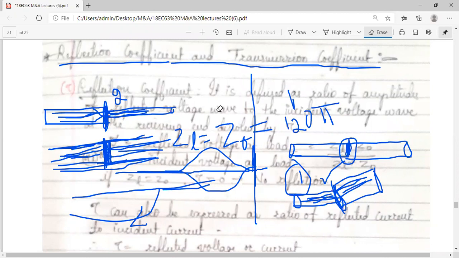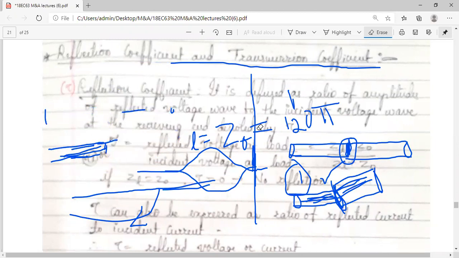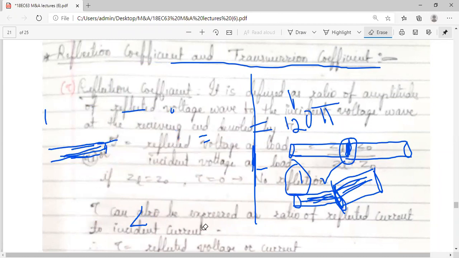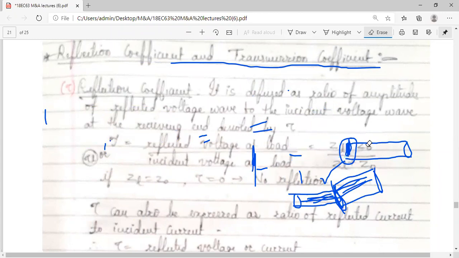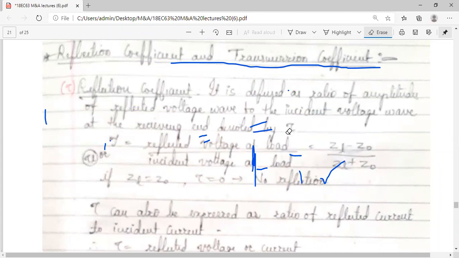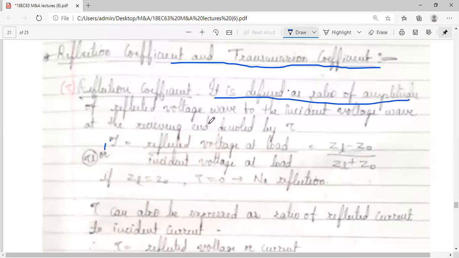Now with this background, let us define what is reflection coefficient. Reflection coefficient is defined as the ratio of amplitudes of the reflected voltage wave to the incident voltage wave.